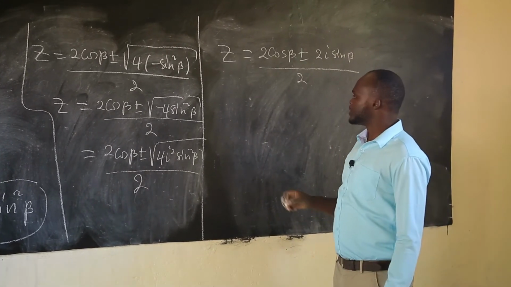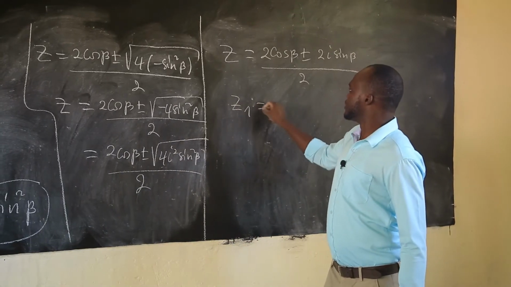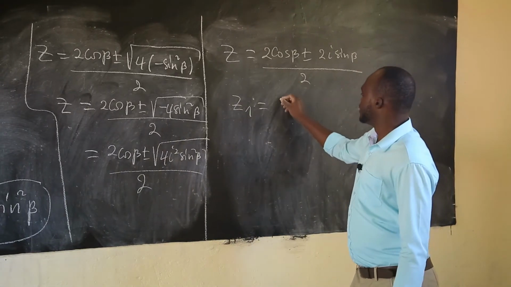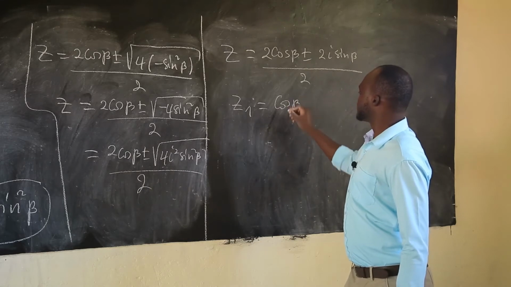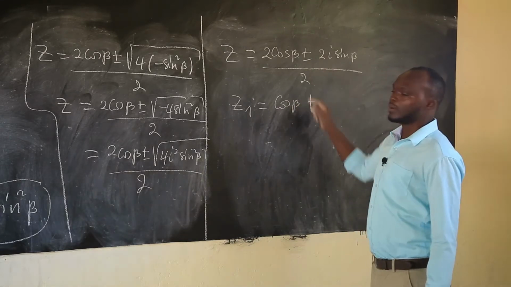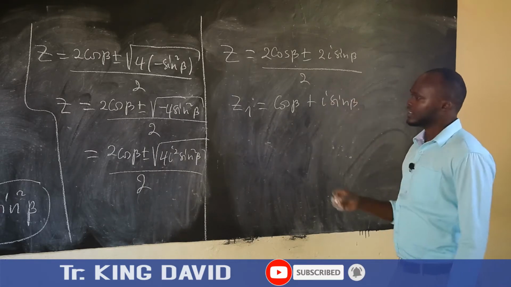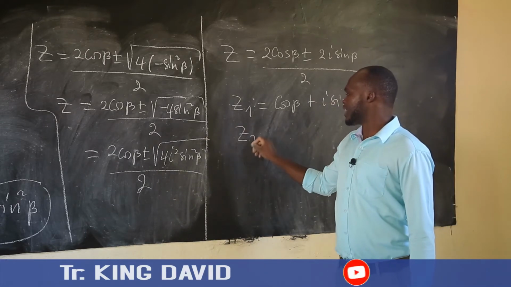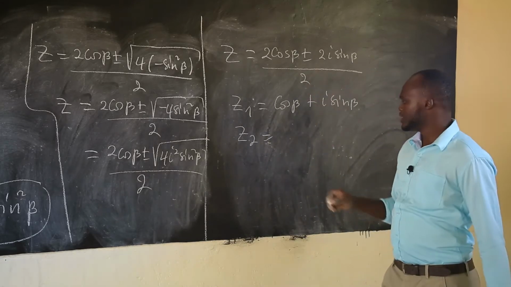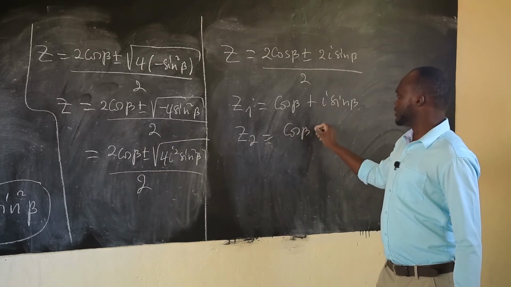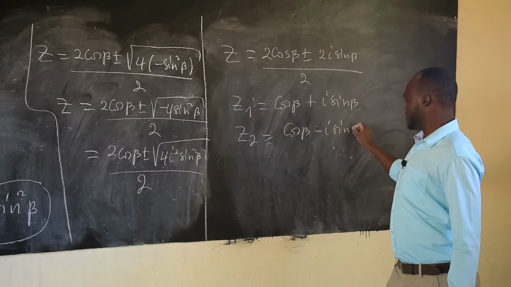So if we divide by 2, z1 will be 2 divided by 2 cos beta plus 2 divided by 2, 1, i sine beta. Then z2 will take the negative, which is cos beta minus i sine beta.